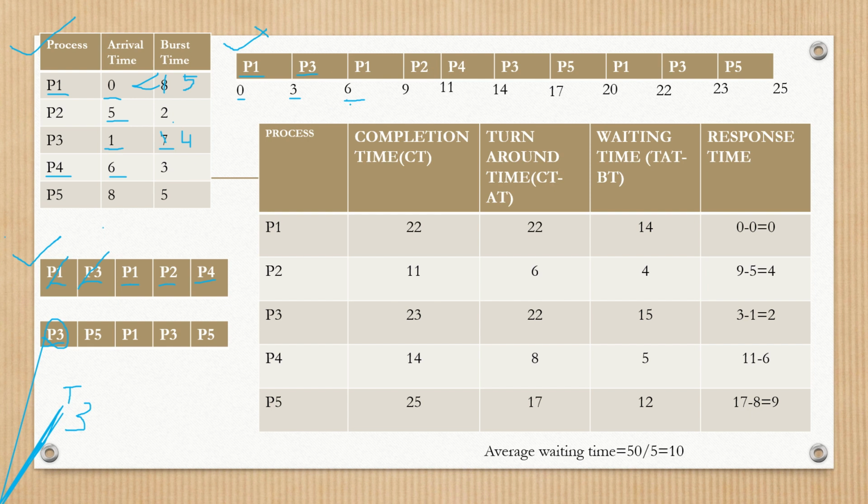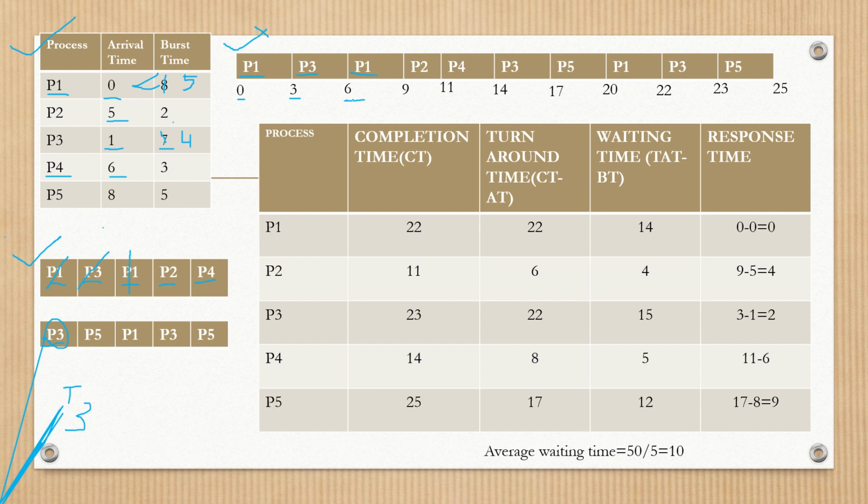Now at time 6, the CPU is at 6. Which process is next from the start of the ready queue? The first process here is P1. See, in the ready queue P1 is the next process. So P1 will be taken from the ready queue and allocated to the CPU. Next the CPU will execute process P1 at time 6.